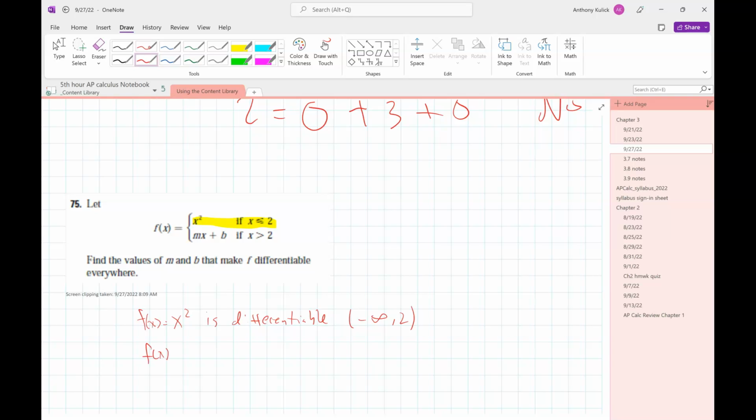And I know that f of x equal to a linear equation is going to be differentiable over its domain.